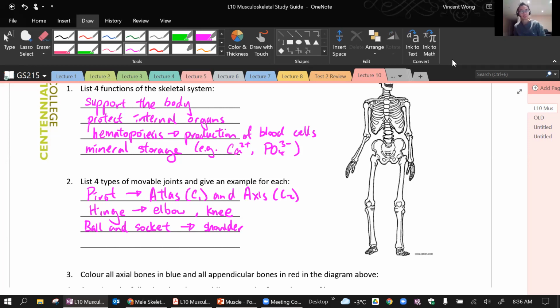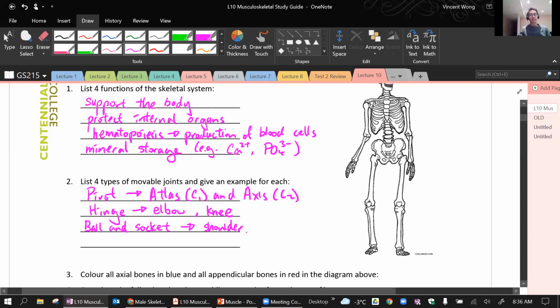And we're going to review some of these things in a bit. And then another ball and socket is the hip, right? Over here, the head of the femur is going to fit into the acetabulum of your pelvic girdle.